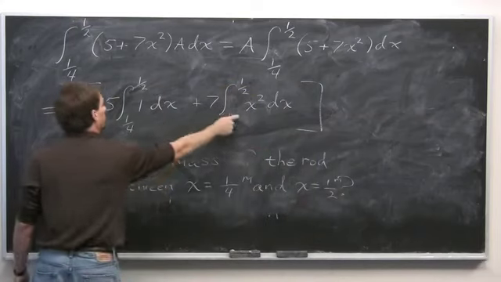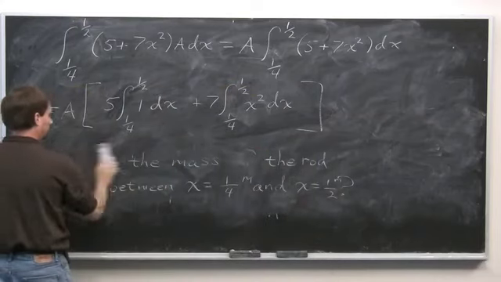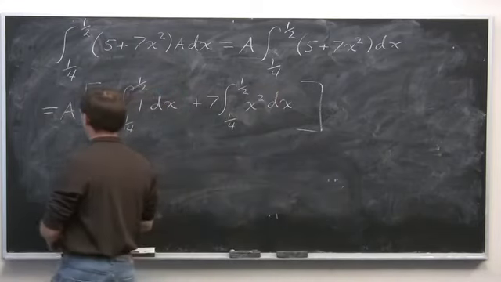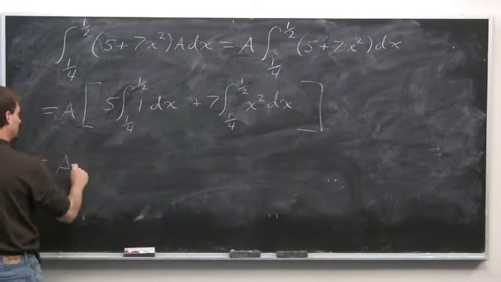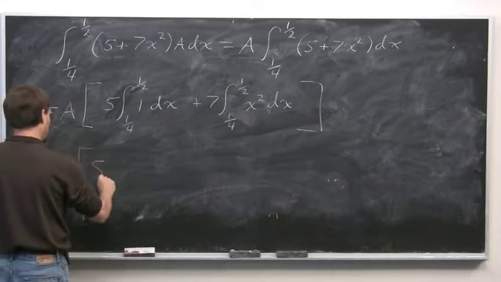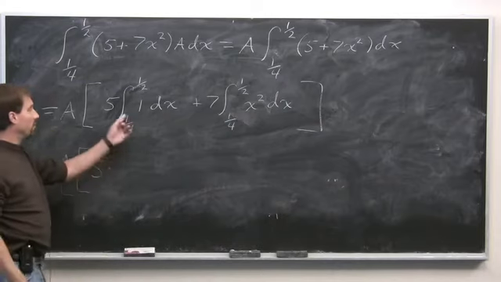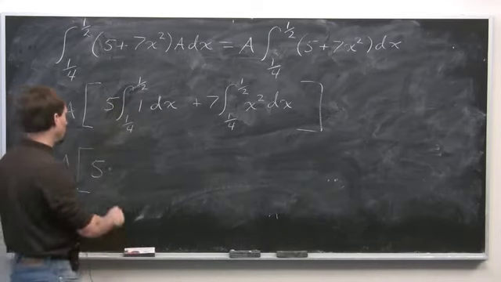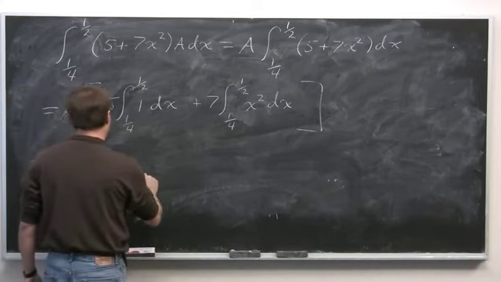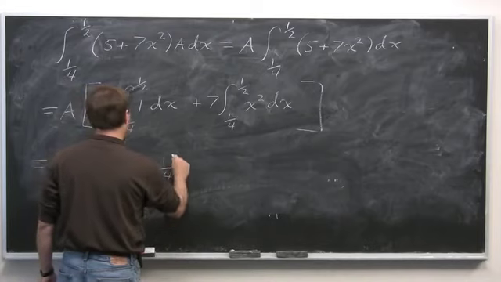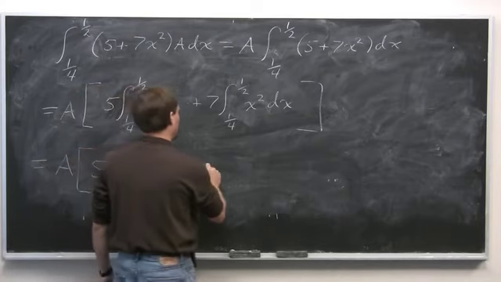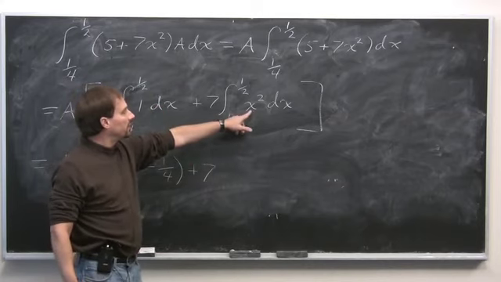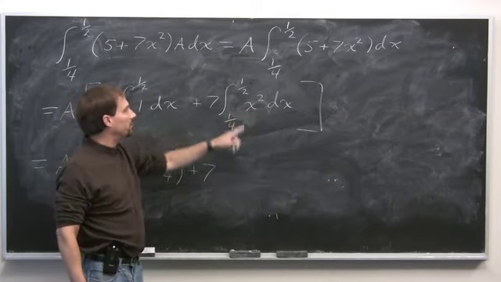But we know this integral and this integral. We get A times 5 times, and our formula for the integral of 1 from a to b, you just take b minus a. So you get 1/2 minus 1/4 plus 7 times our formula for the integral of x squared from a to b.